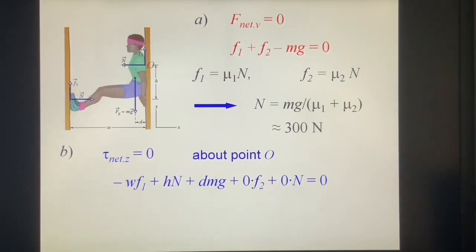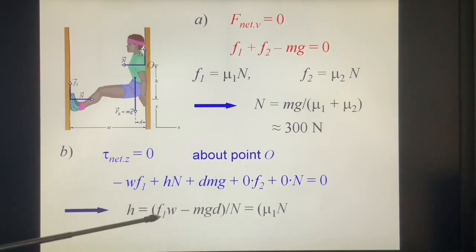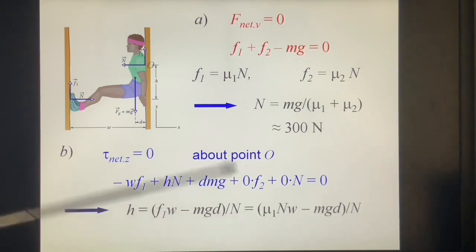So that's very simple. Then we get the answer, H equals F1 W minus mgD over N, and F1 is mu1 N. Then we get 0.70.